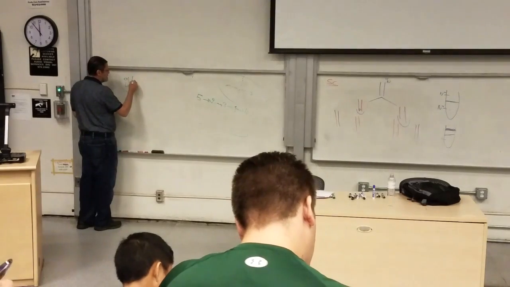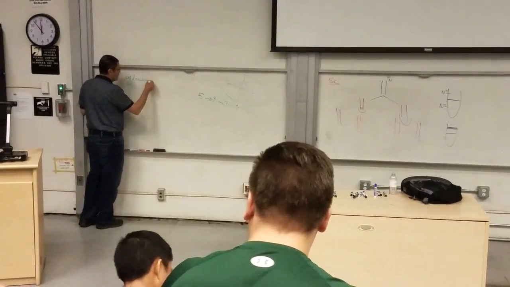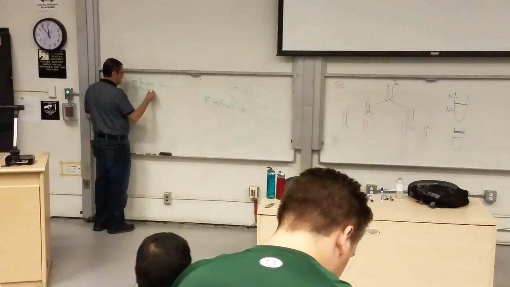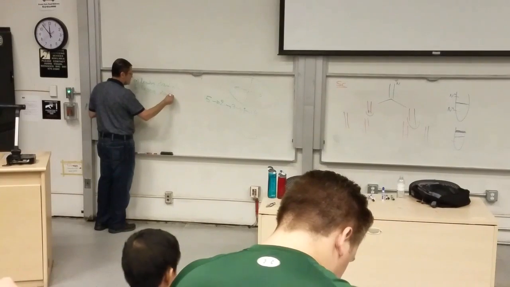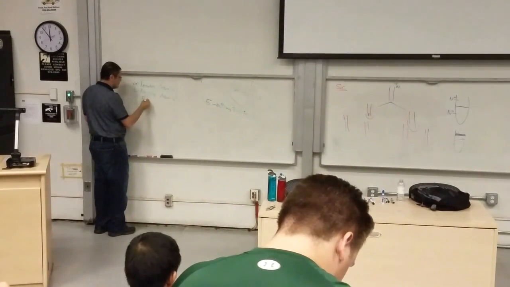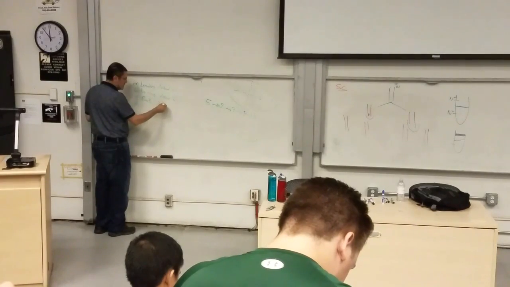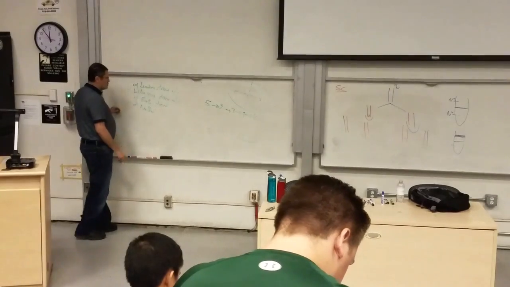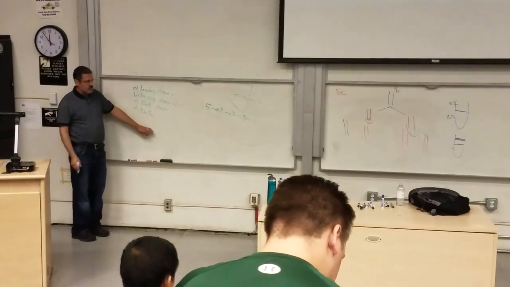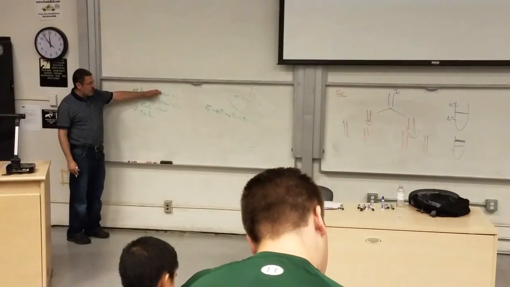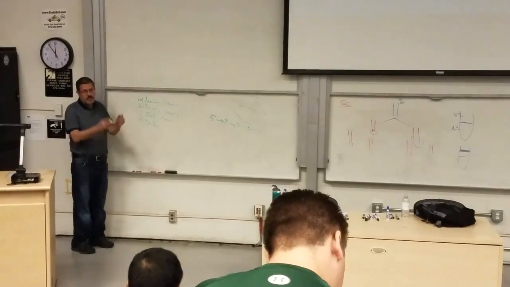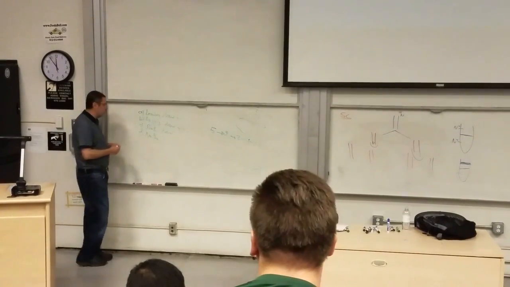So A is leading strand only, B is lagging strand only, C is both strands, and D is neither. What I'm going to give you are proteins or events. Are they happening here only, happening in both, or do they have nothing to do with this, okay?